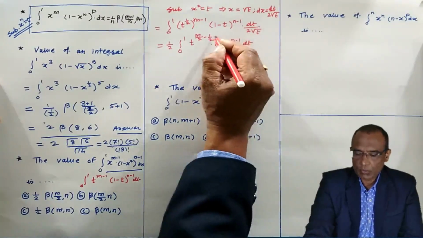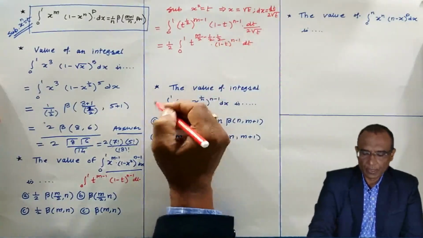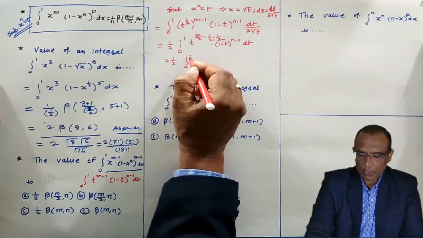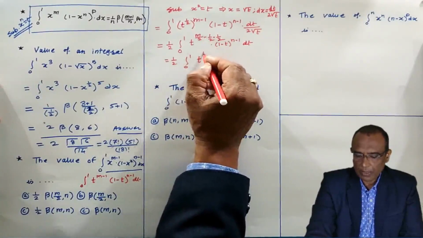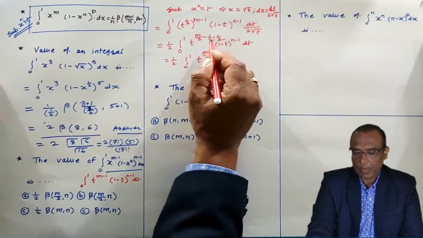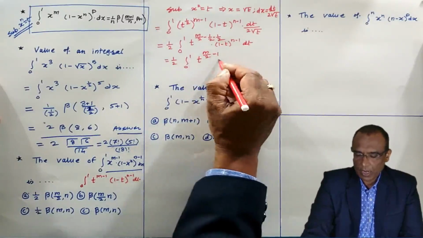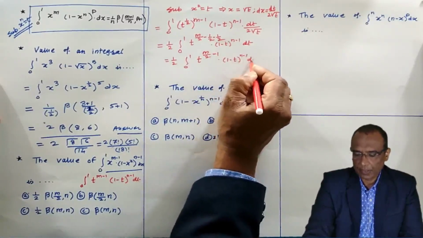So, 1 by 2, 0 to 1, t power m by 2 minus 1, and 1 minus t power n minus 1 as it is already.